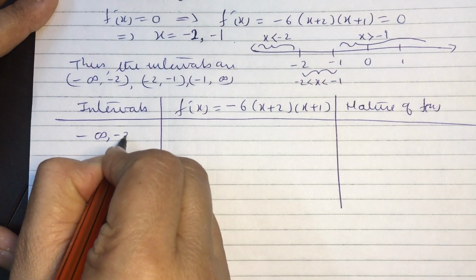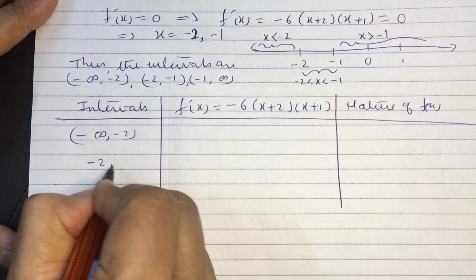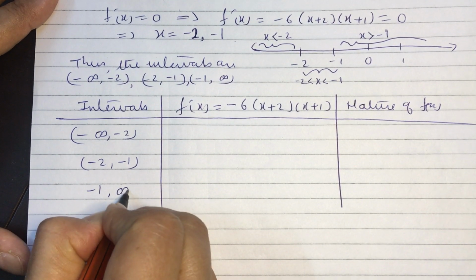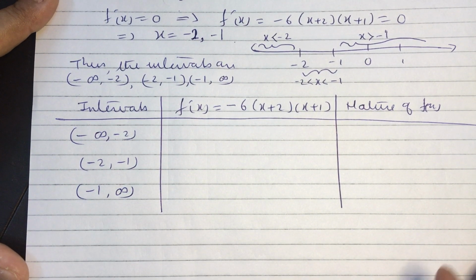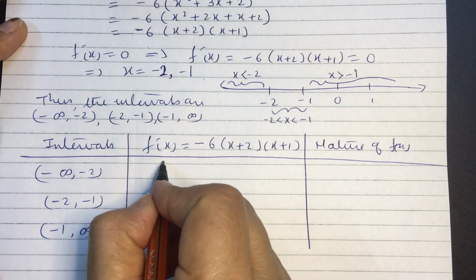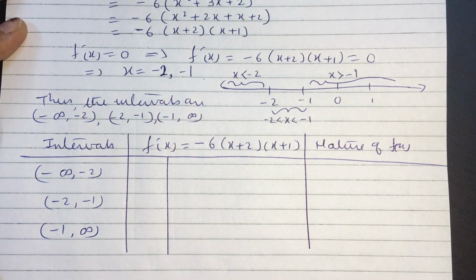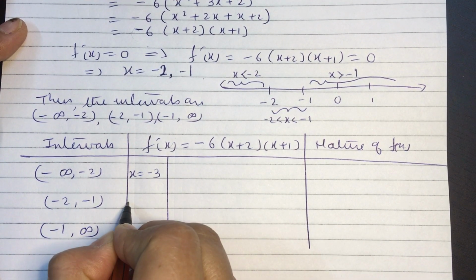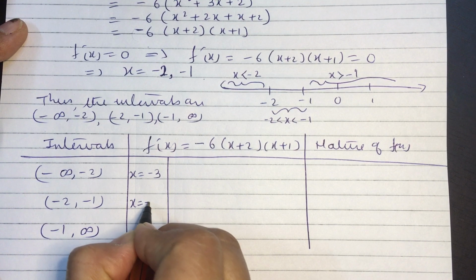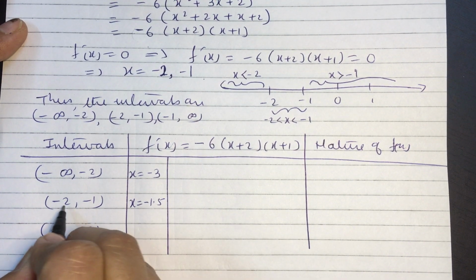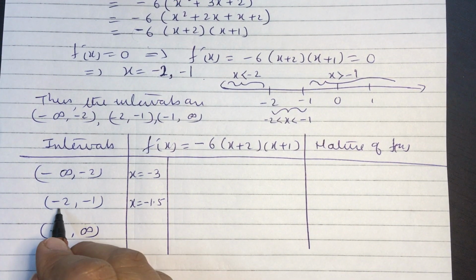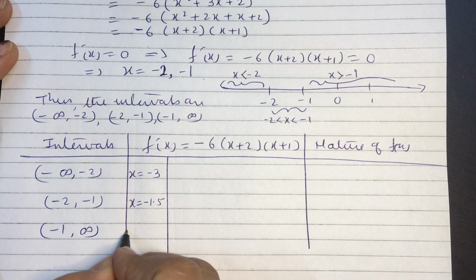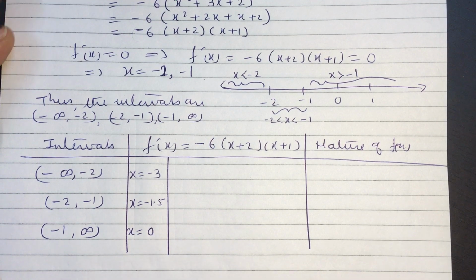One is minus infinity to minus 2, next is minus 2 to minus 1, next is minus 1 to infinity. Now again we take a point. Let's take x equal to minus 3 here. We take x equal to minus 1.5 here, because we have to find a point lying between these two consecutive numbers, and x equal to, let's take 0 here.